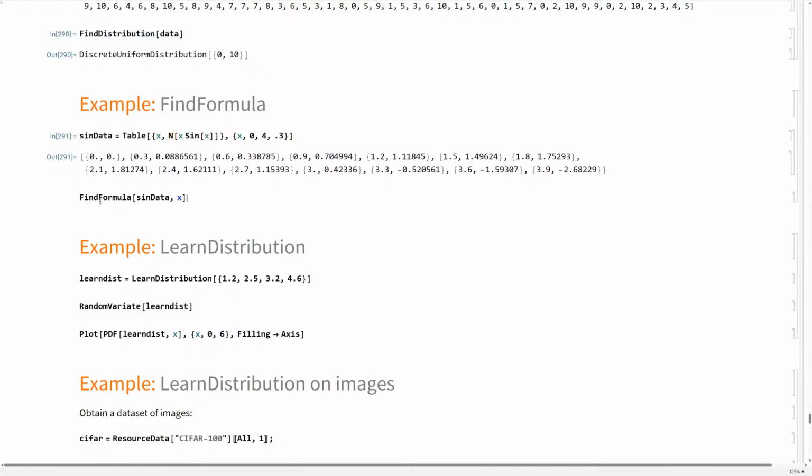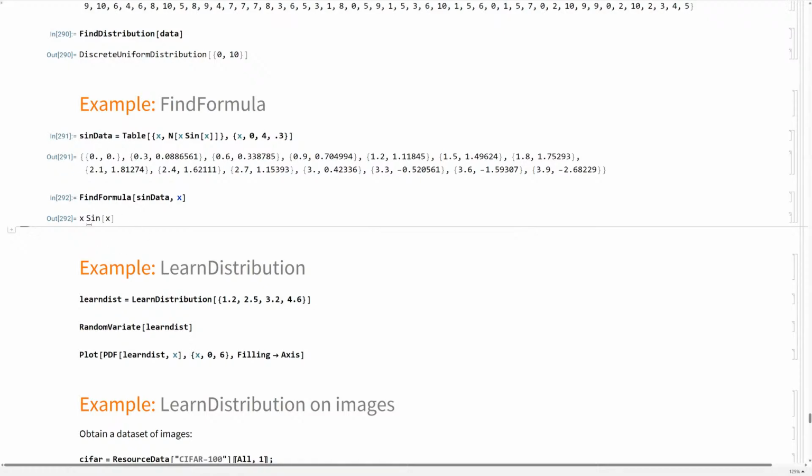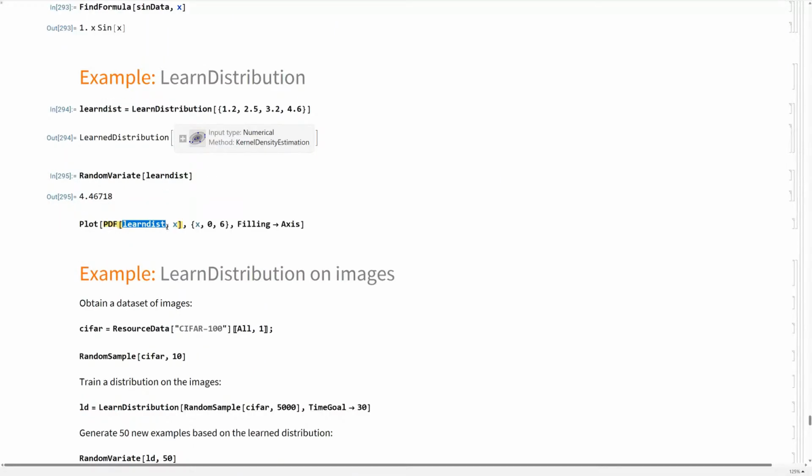So now let's use this function called find formula to see what the equation is for the data with respect to x. All right, now it gives us x times sine of x. Sometimes if I run it again, it might give me different answers. Like this time it gives me 1 times x, which is indeed the same as x, and we can put it in the PDF, the plot again.